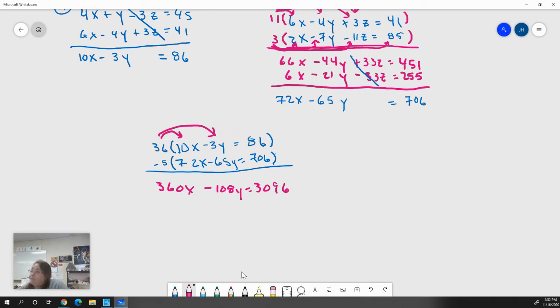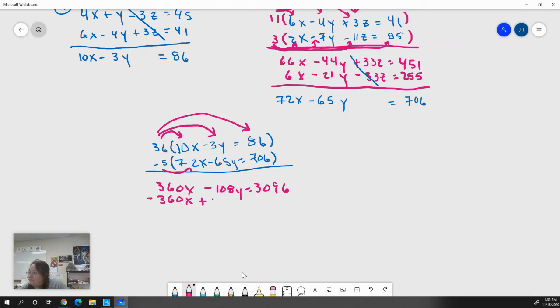Then we're going to do the same thing with the bottom, right? We did that one. We're going to go -5 times 72. Well, -5 times 72, the whole reason we did it is because it equals -360x. And then we got -5 times -65. Well, we know that it's going to be positive, whatever it is, right?